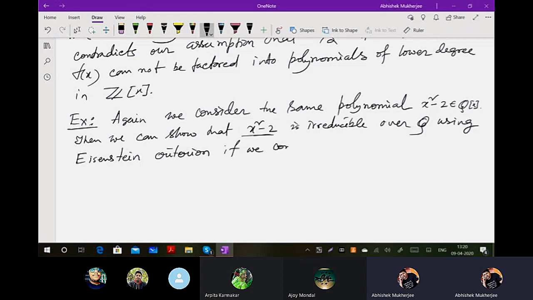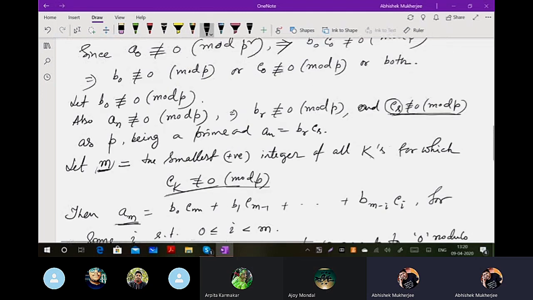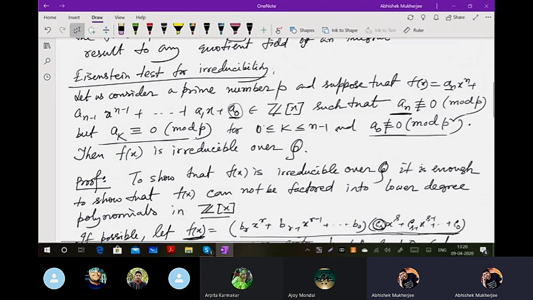But how? If we consider the prime, we need to choose the prime first. What I have already told is that we need to choose a prime in such a way that it will satisfy these conditions for the given polynomial.